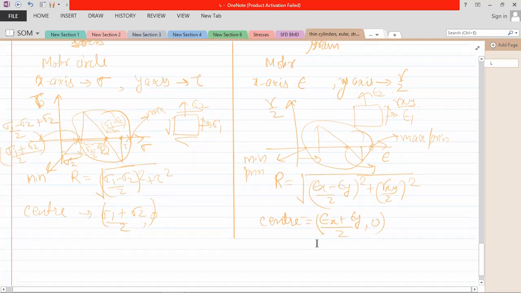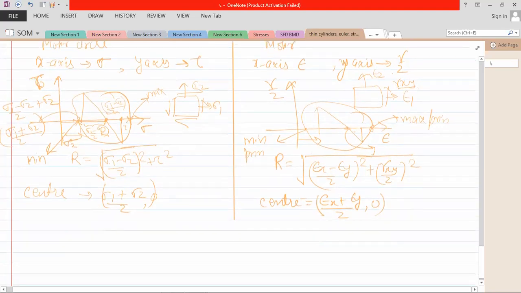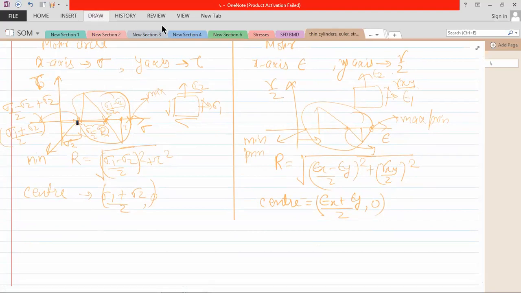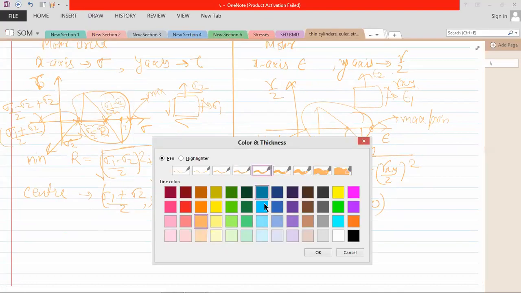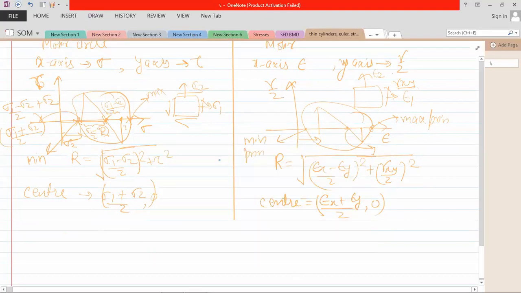Now there are a few things. If you know the center and you know the radius, can you obtain the maximum and minimum position? So let me change the pen. This is your minimum principal stress and maximum principal stress.